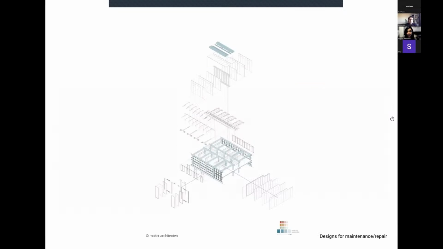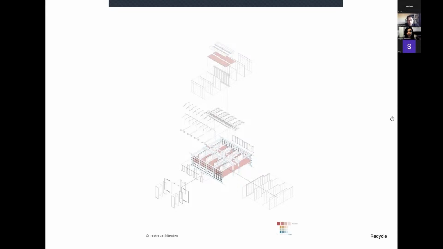So there were four main strategies for the conversion of these medical archives into office spaces. The first was to maintain the robust structure as it is, just to do basic maintenance or repair wherever required in the existing structure.